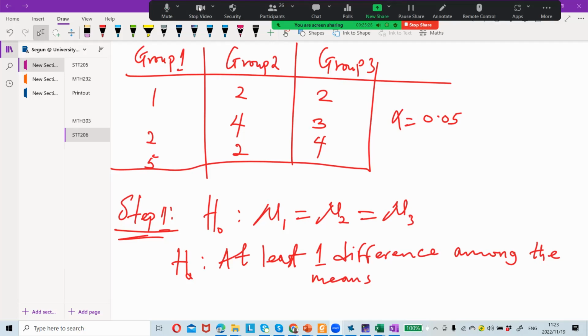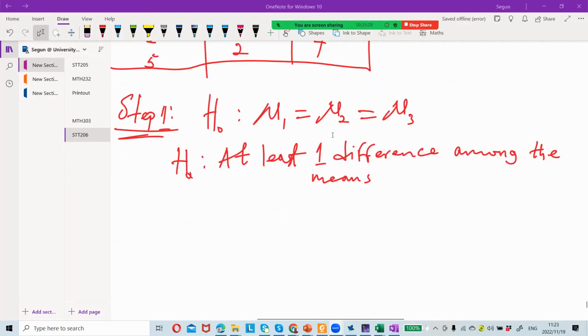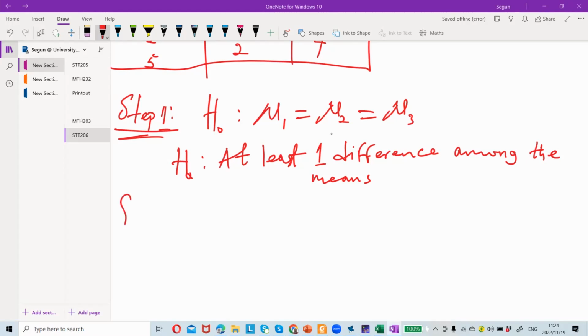So we have this. How do we calculate the degree of freedom? Your lecturer gave you different formulas to calculate degrees of freedom. We have what we call V1, V2, and so on. So step 2 now, let's calculate the degree of freedom.